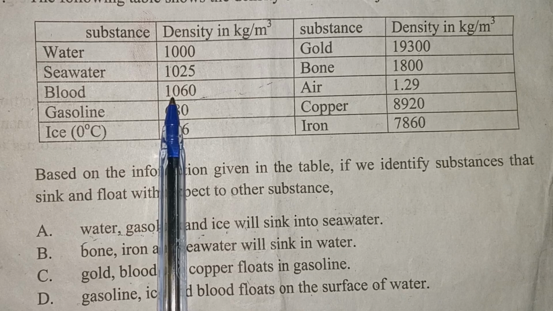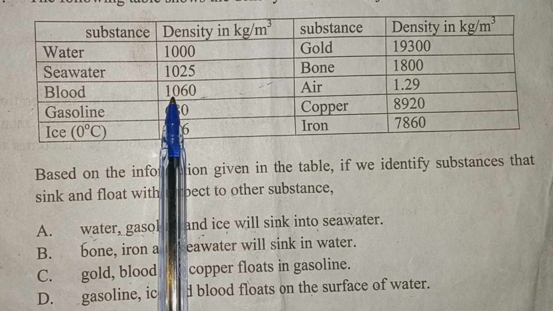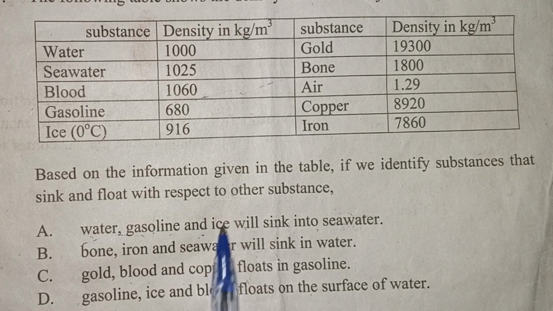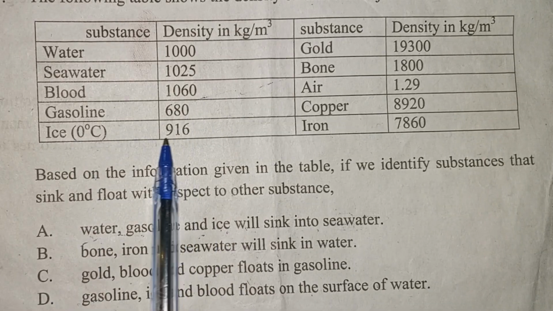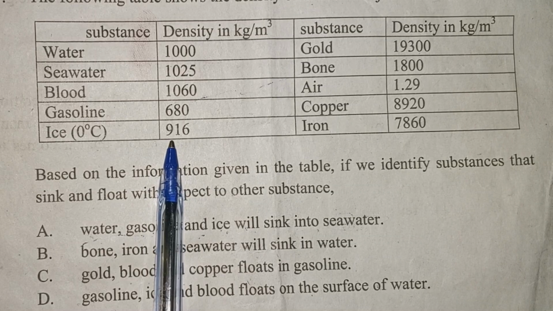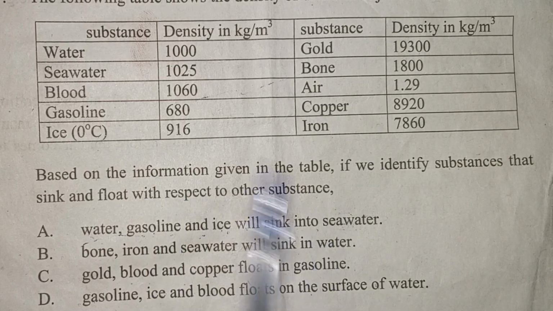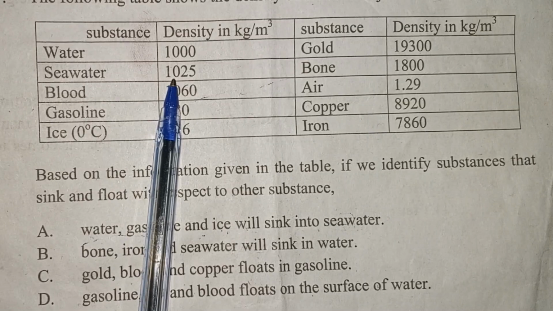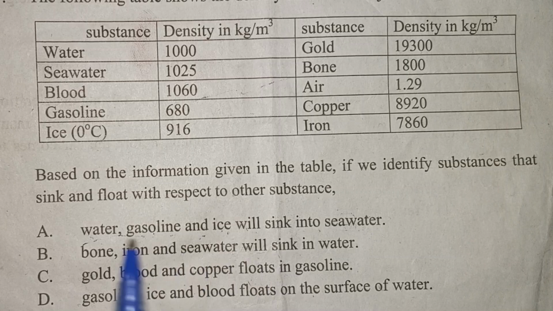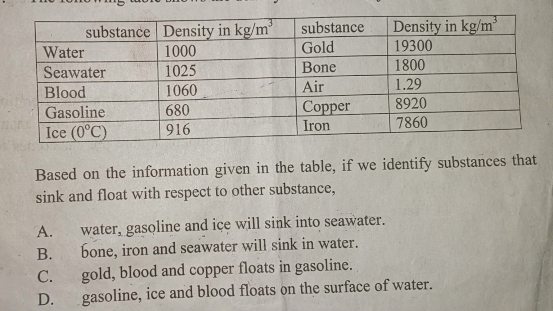So it does not sink into the seawater, it floats over the surface of the seawater. The ice also has a density of 916 kilogram per meter cube, so it will float over the seawater, which has a density of 1025 kilogram per meter cube. So alternative A is not correct.